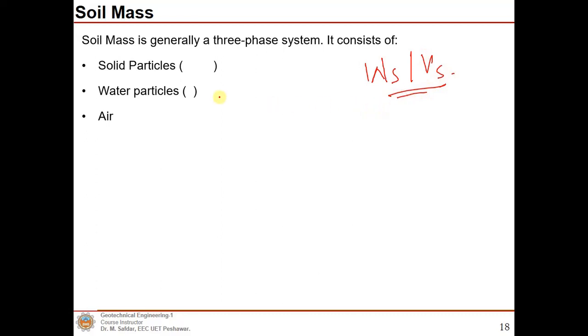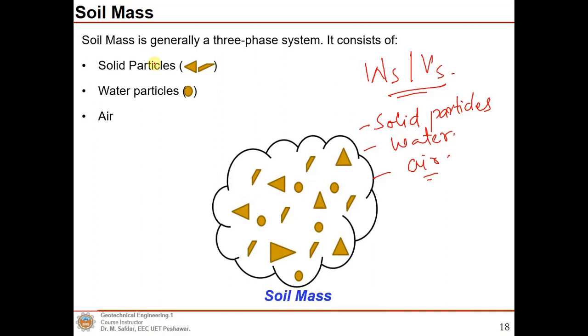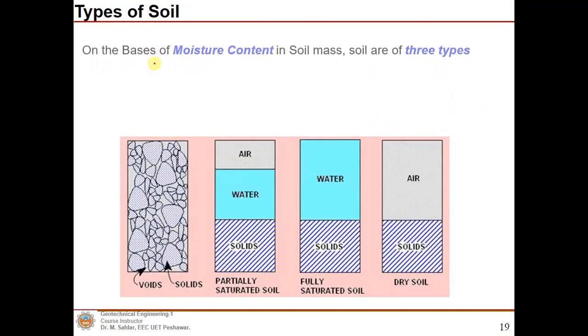In soil, we already know it's a three-phase system: solid particles are present, water is present, and air is present. So we are now focusing on the soil mass, which has solid particles, water and air in it.